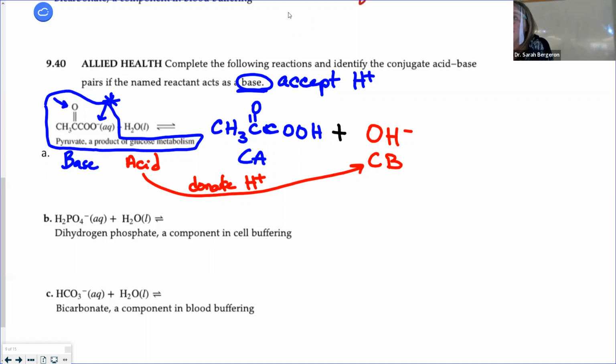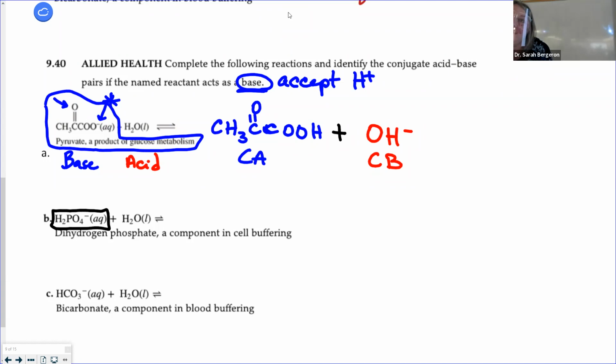Questions? Pretty good? Okay, let's try another one. I'm going to erase down here just so I have room to write my reaction. Okay, so H2PO4 minus, which is dihydrogen phosphate, a component in cell buffering. We're told in the problem that this is a base. So water must be acting as an acid.